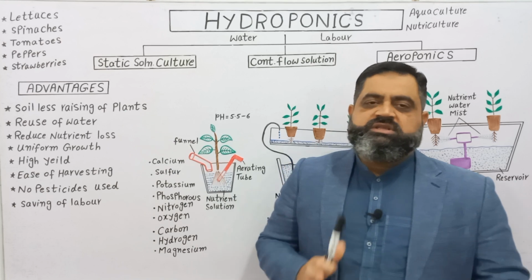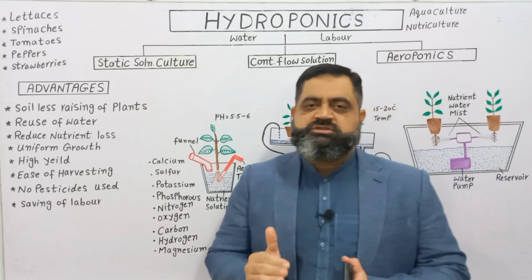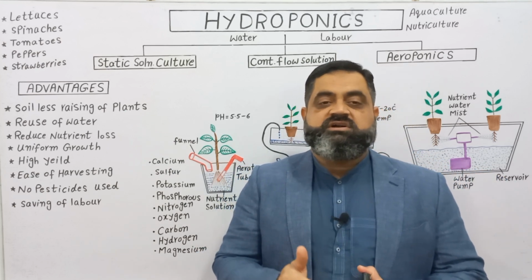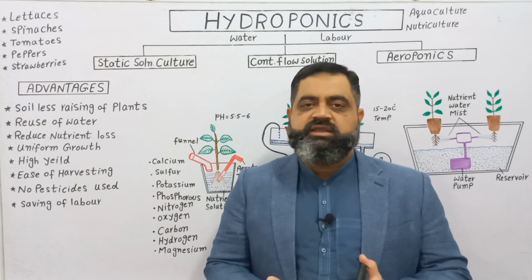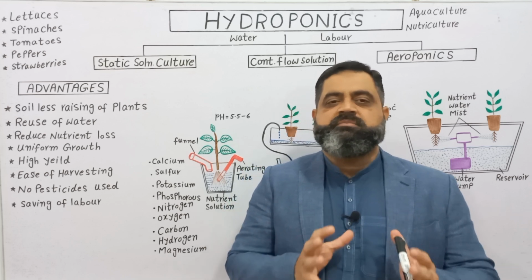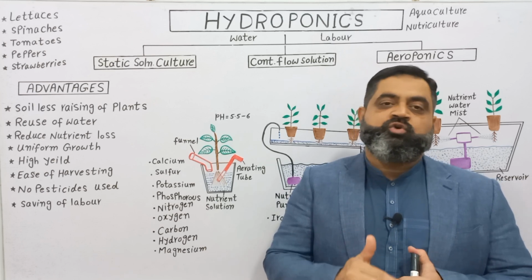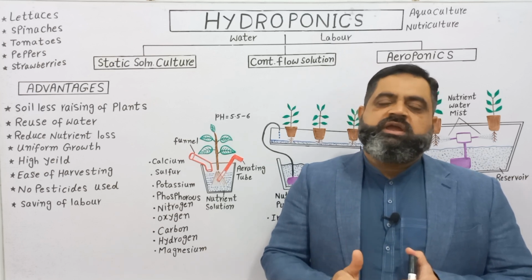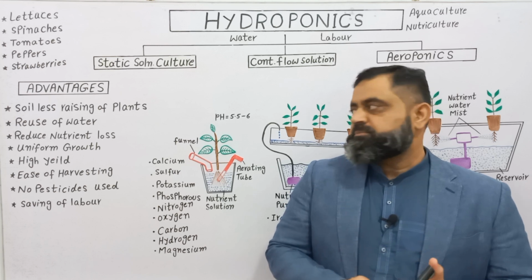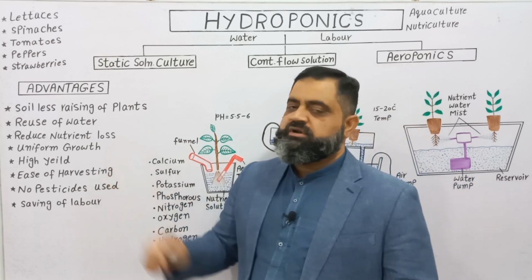Reuse of water. In this system, water is not lost or wasted, and can be used again and again, and there is a very big difference between growing plants in soil and growing plants in this system. Reduced nutrient loss.